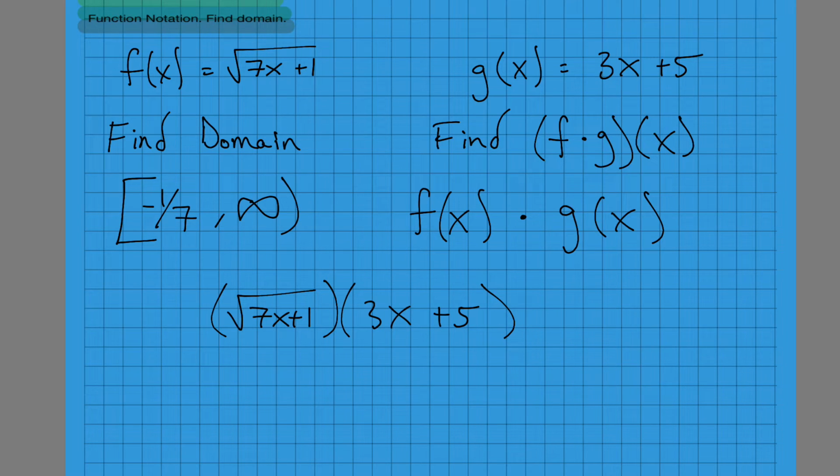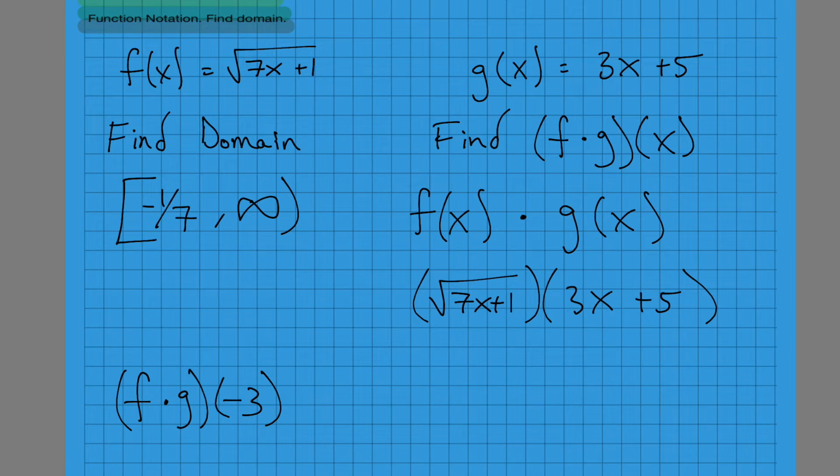Next thing we could do is plug in a number. So we want to find, let's say, f times g of negative 3. Now you could see that this is kind of a trick question, because negative 3 is not in our domain.